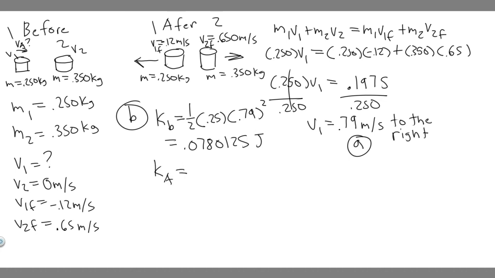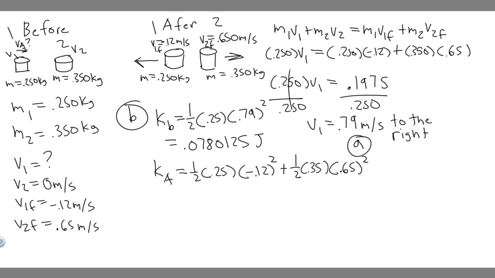So this one, they're both moving, so we don't get one to cancel out like this one, but we can still solve. So 1/2, and let's start with the first puck, A, times its mass, 0.25, times its velocity, which is minus 0.12, squared. The negative doesn't really make a difference since we're squaring it. You can include it or not. So plus 1/2, now we're doing block B, so 0.35, times its velocity, 0.65 squared.